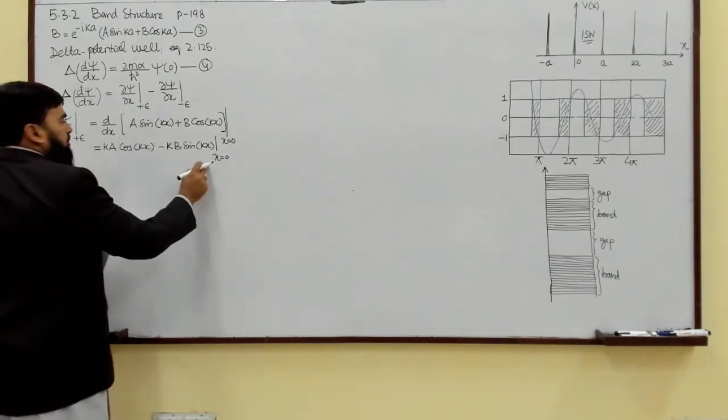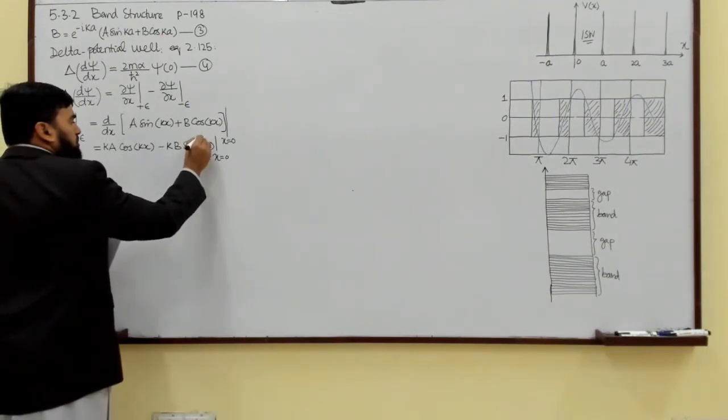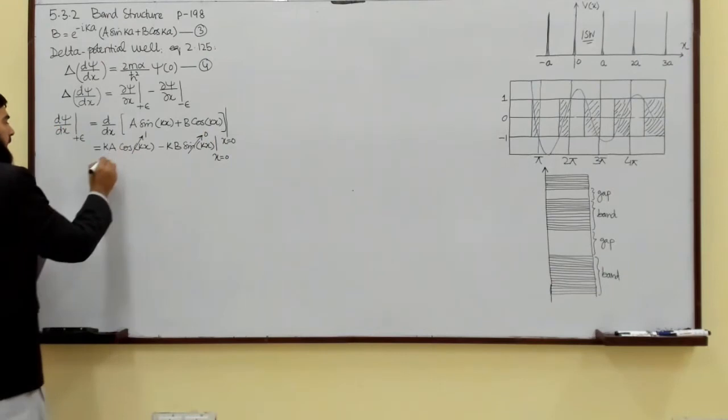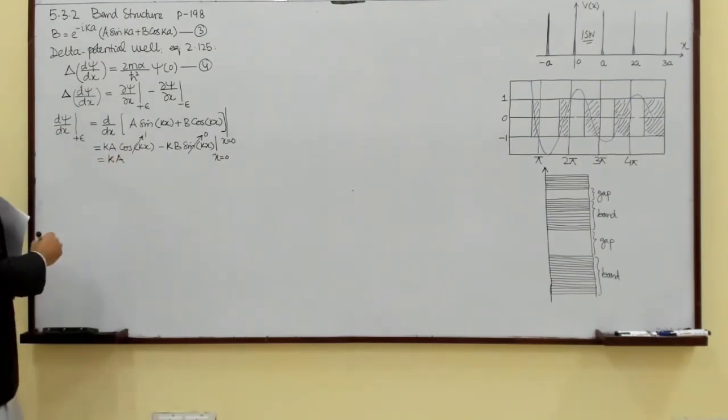At x equal to 0, sine will go to 0 and cos will go to 1, and I have this thing equal to kA.